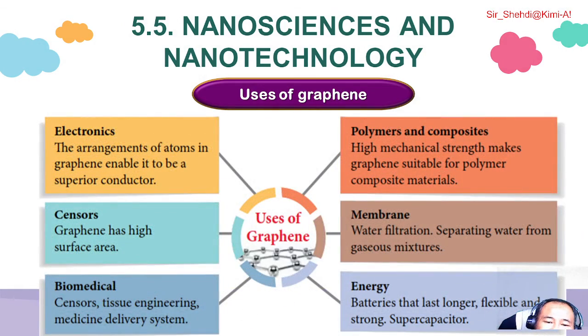Okay, uses of graphene. First, in the electronic industry. The main purpose of course in electrical or electronic is super conductor, or superior. Sensors: graphene has high surface area. When we have higher surface area, that means the reaction is faster.